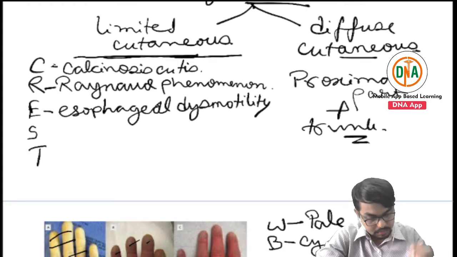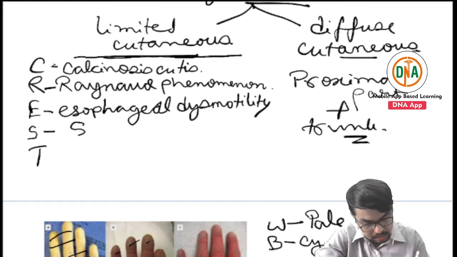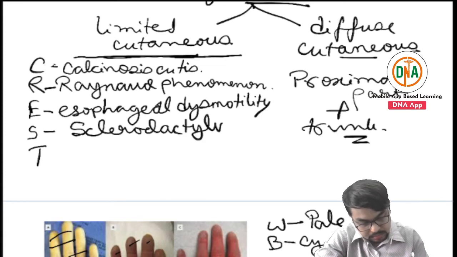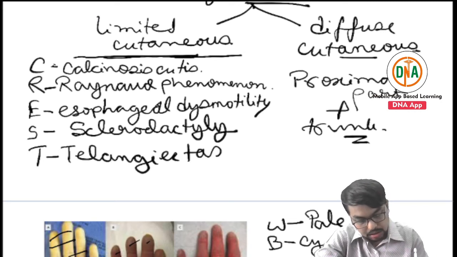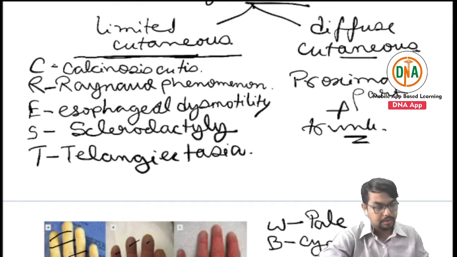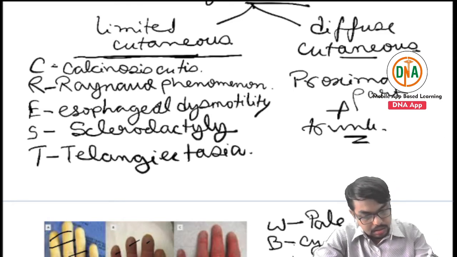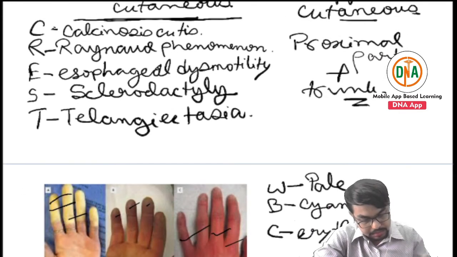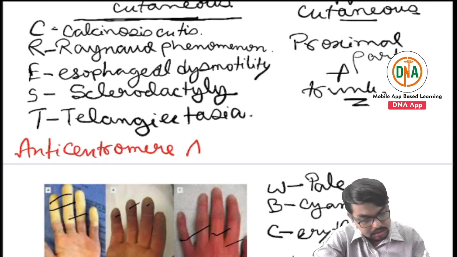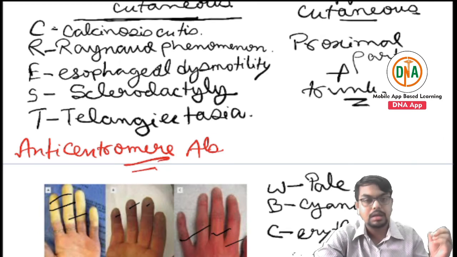Next, S is sclerodactyly, and T for telangiectasia. In CREST syndrome we get anti-centromere antibody.